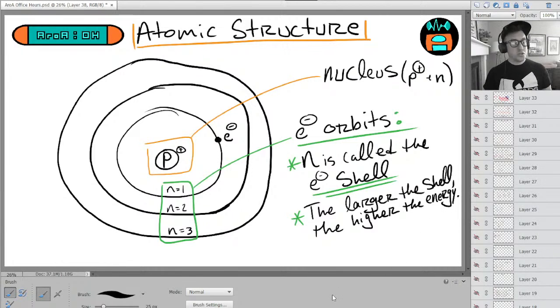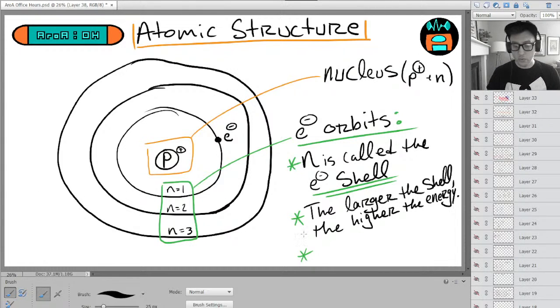The further you move from the nucleus, the higher in energy that electron will have to be to occupy that shell. n equals 1 is closer to the nucleus and lowest in energy. n equals 2 is farther from the nucleus and higher in energy. n equals 3, 4, etc.